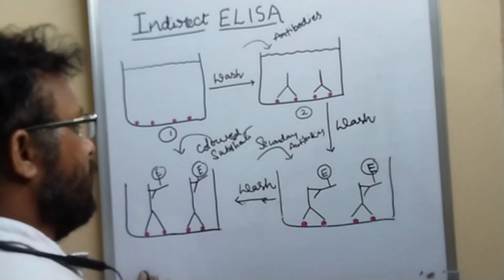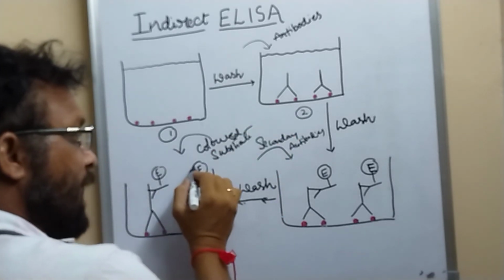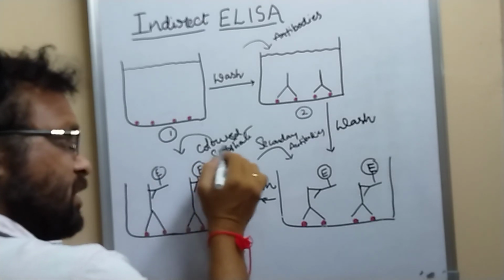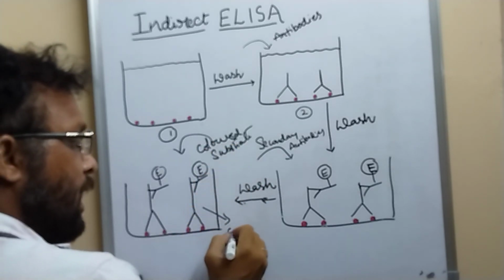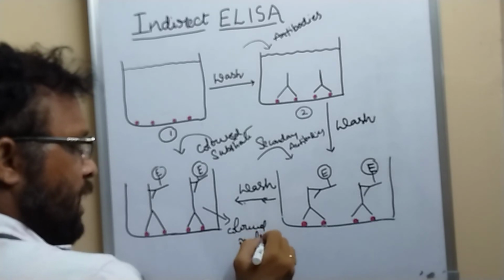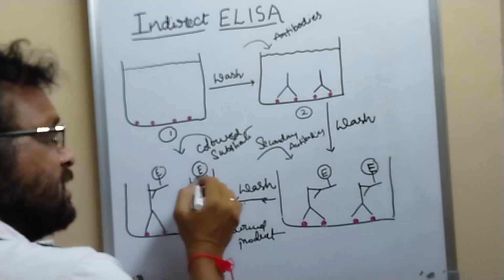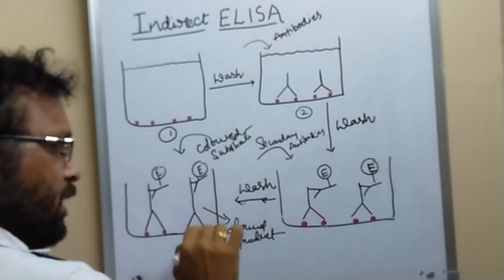What will happen if we add a colored substrate? The enzyme will convert the substrate into a colored product. The colored substrate will be acted upon by the enzymes which are present on the secondary antibodies and converted to a colored product.